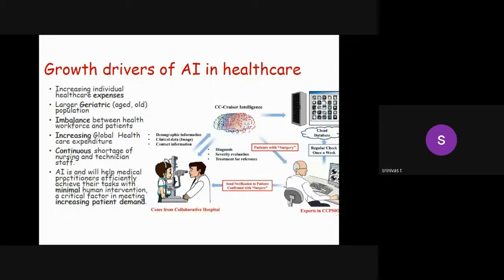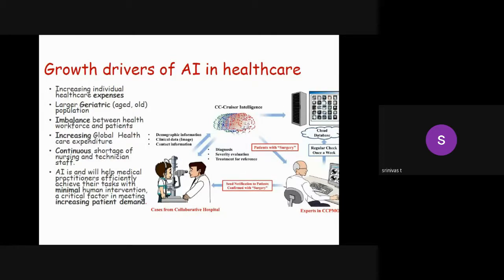Imbalance between health workers and patients: the ratio between the number of doctors and the number of patients is not balanced. Therefore, you go to AI. Once it's not balanced, you have to go for machine-based solutions. Therefore, AI is advised. Increasing global healthcare expenditure, that we have already discussed.